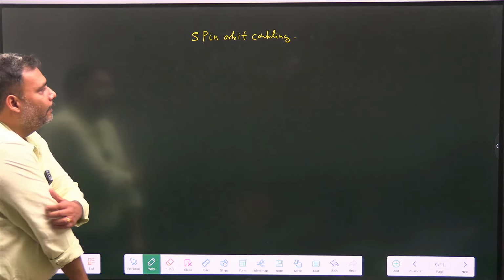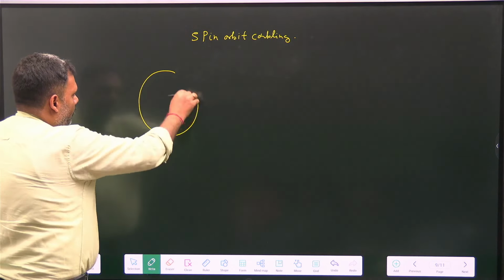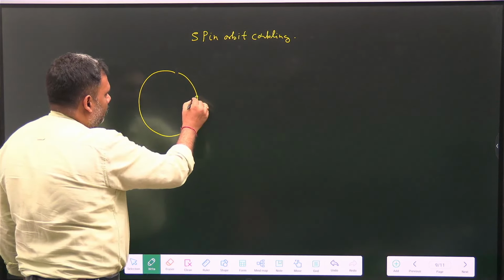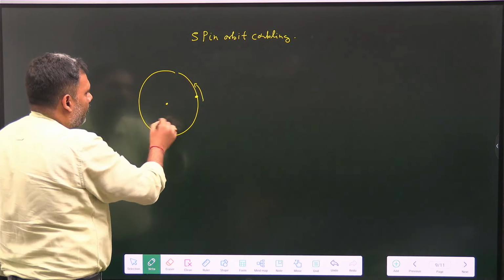According to the Bohr model, this is my electron, and it is revolving about a proton of the same charge e, which is positive in nature, while the electron has charge minus e. The direction of velocity is tangential because it is moving in a circular orbit.